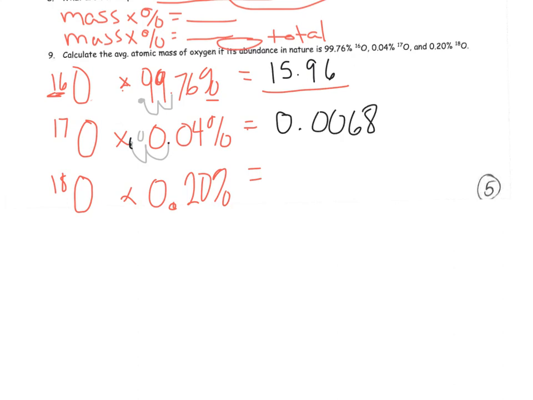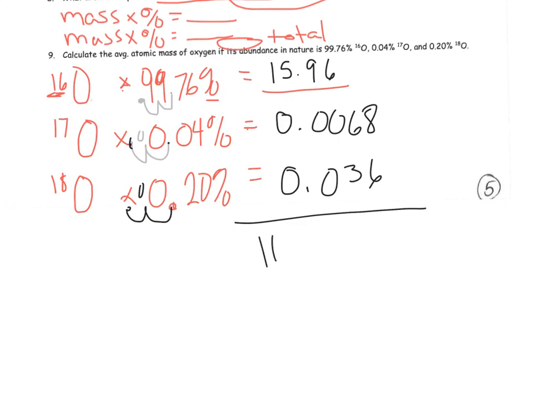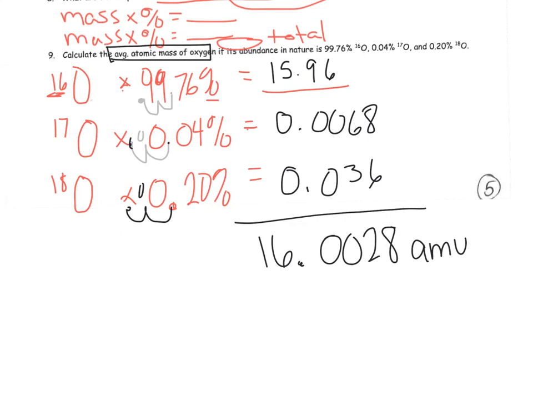And 18 times 0.20% or 0.002 gives me 0.036. I'm going to total those up. I get 16.0028, and the units for this are AMU, atomic mass units. And so this is my average atomic mass of oxygen.